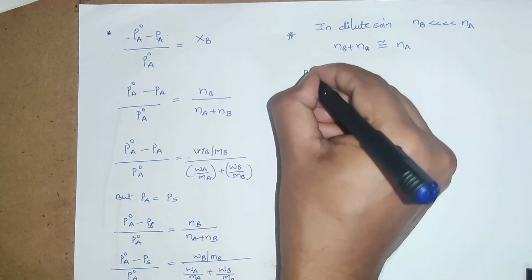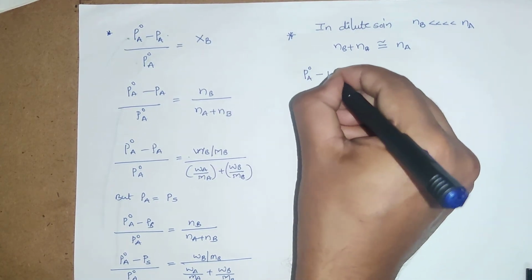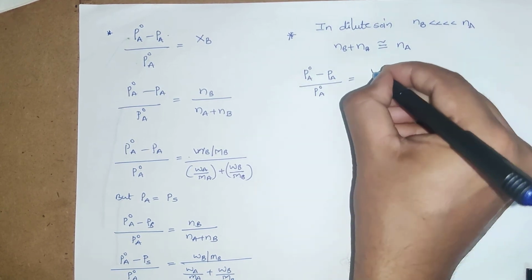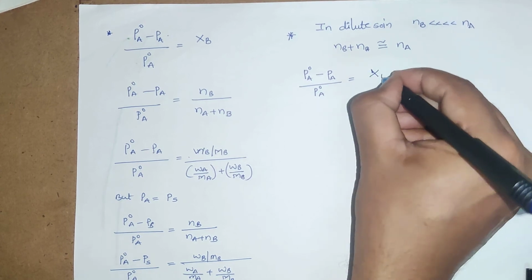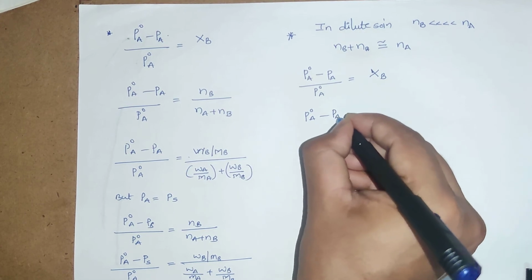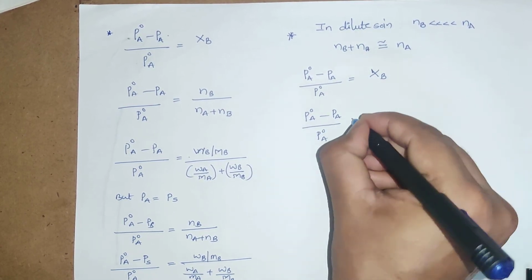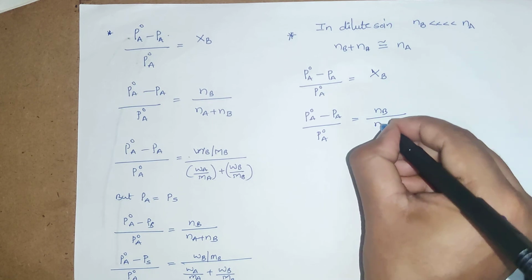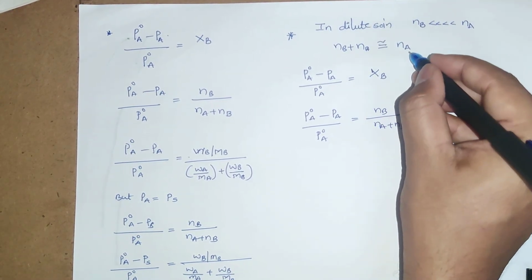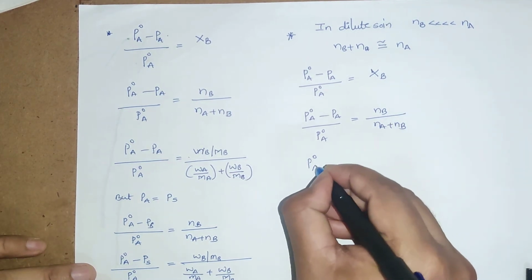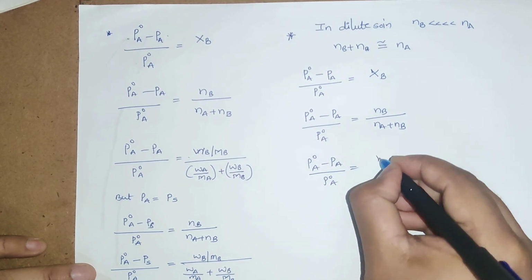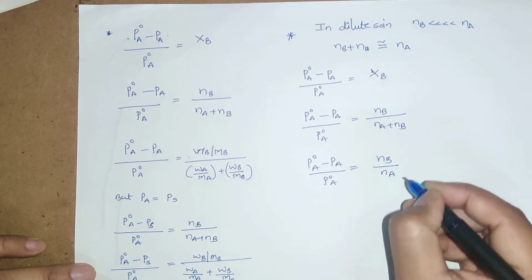So the formula becomes (P naught A minus Pa) by P naught A is equal to Xb, which is Nb by Na plus Nb. But Na plus Nb in dilute solution is Na. That's why (P naught A minus Pa) by P naught A is equal to Nb by Na.